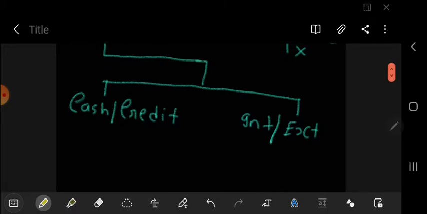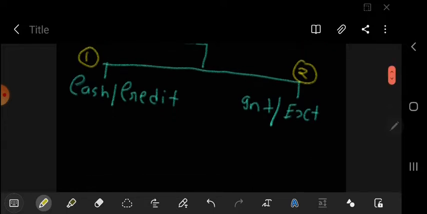Number one, under economic transaction, is cash transaction or credit transaction. Number two, under economic transaction, is internal transaction or external transaction. We can separate it and write two. Now we will understand both of these things.